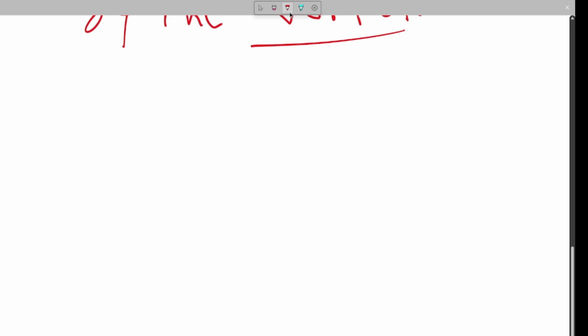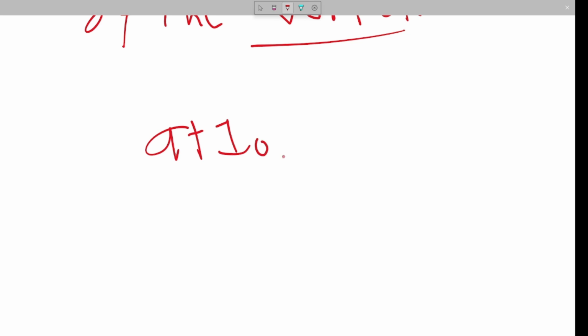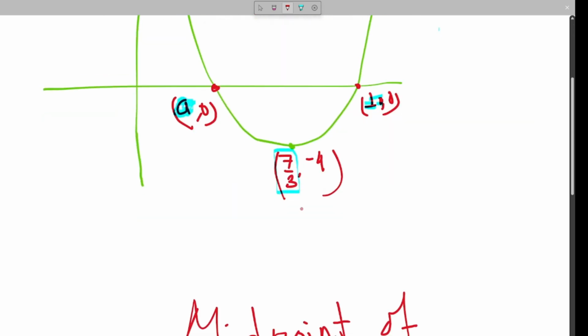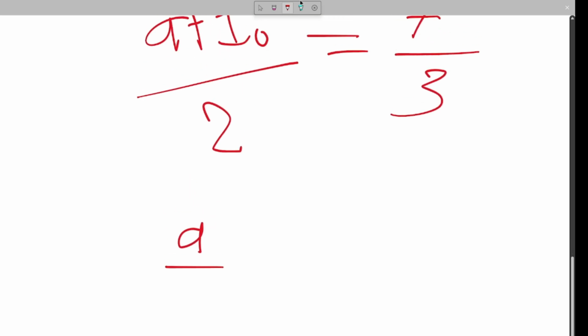So for solving this, (a + 10)/2 is equal to 7/3.